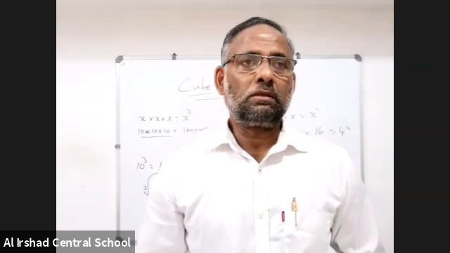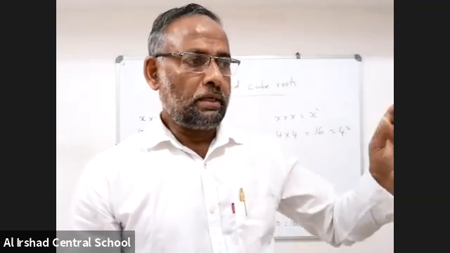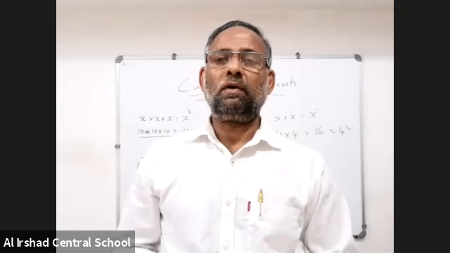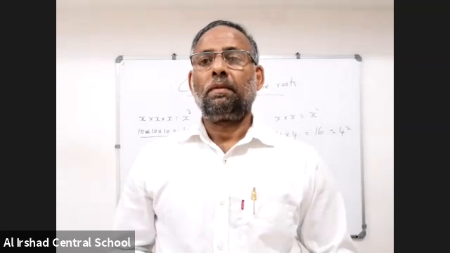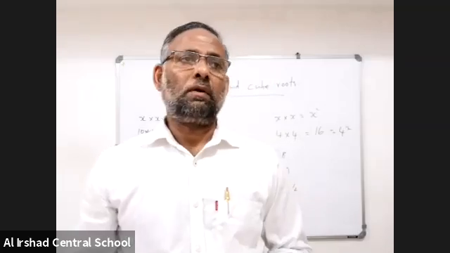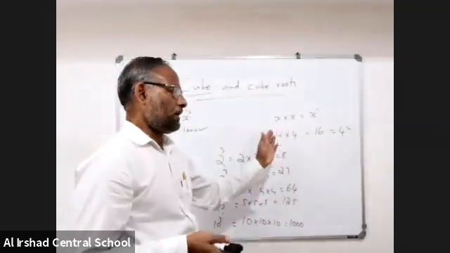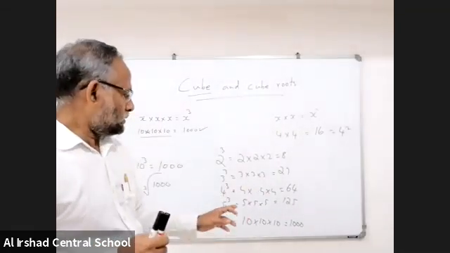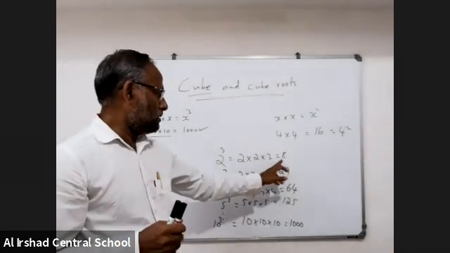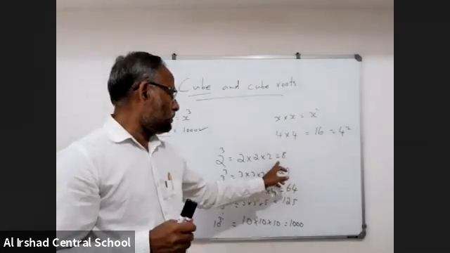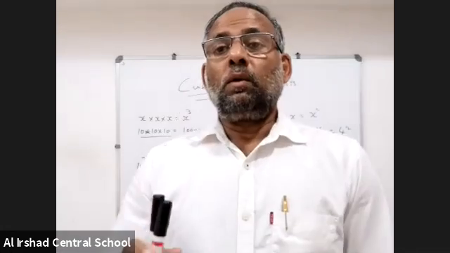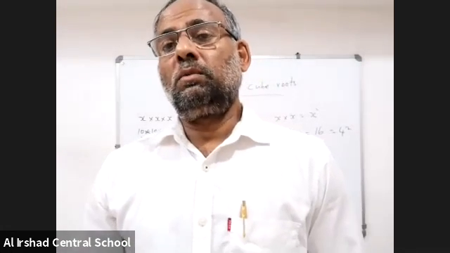When we are doing the square root, how many times did the pair come? Prime factorization. Okay, we did that. Square root of any number we did by prime factorization. Pair. So my question is 2 into 2 into 2, that is 8. It is very clear. Cube root of 8.